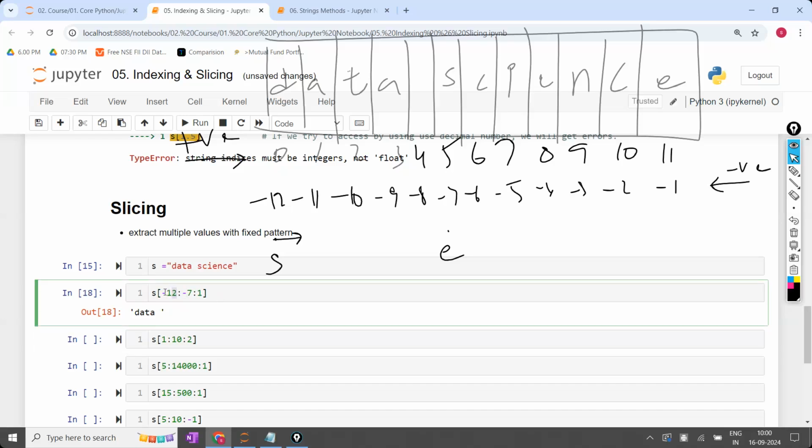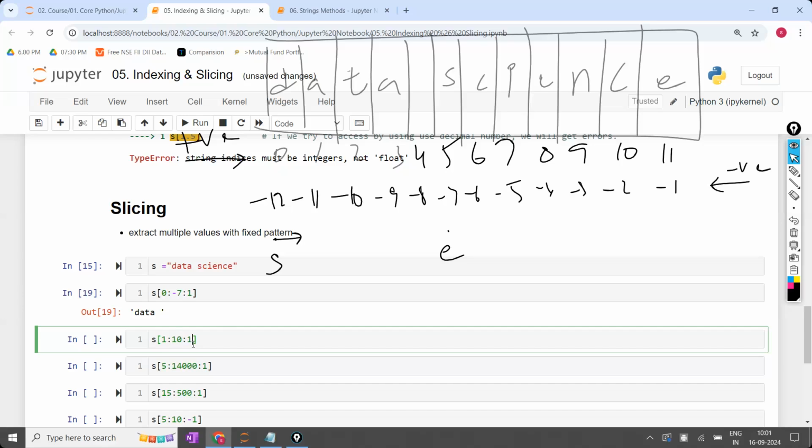Sir, if I write 0 to -7, again the answer is the same. Starting point, ending point are the same. Choice is yours. Positive number or negative number, anything.